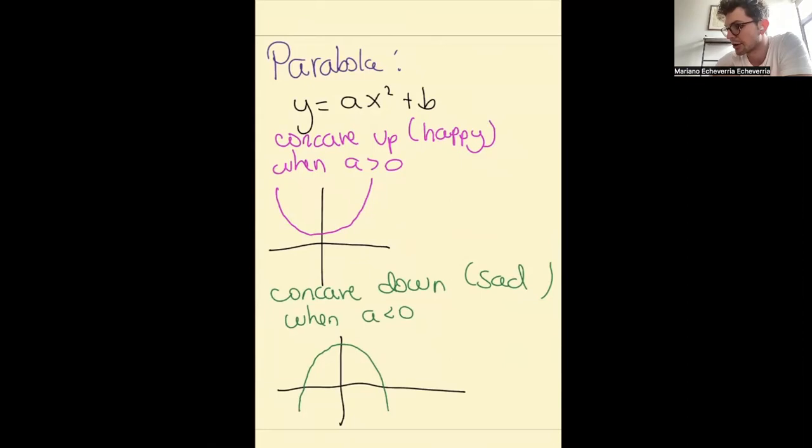So the concave up parabola has a min, and this one has a max. Is that making sense? Any questions about it up to this point?